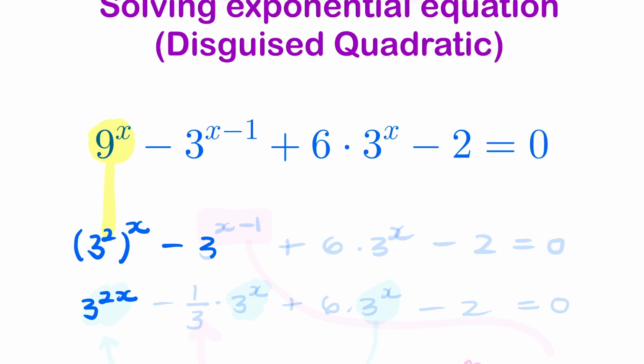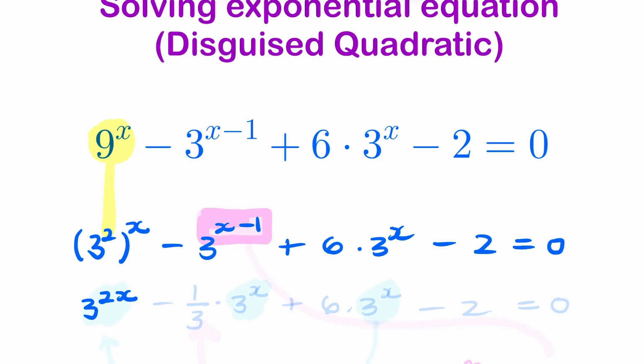And let's just write the rest of the expression as it is, plus 6 times 3 to the power x minus 2 equals 0.